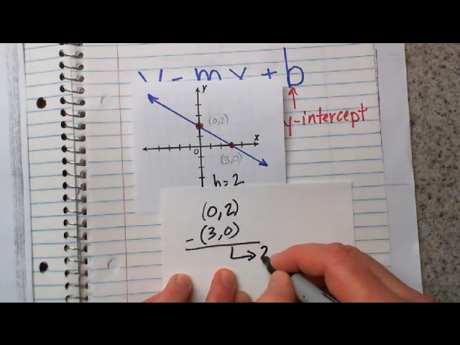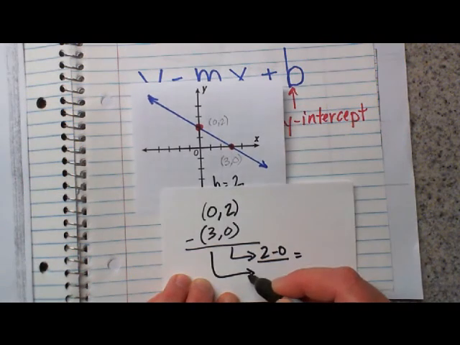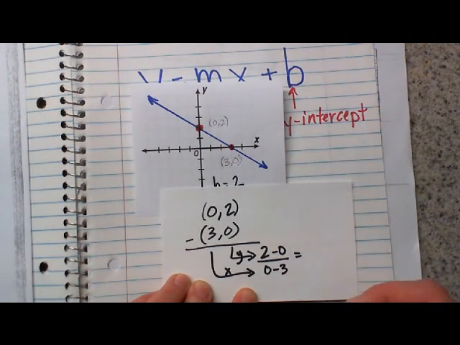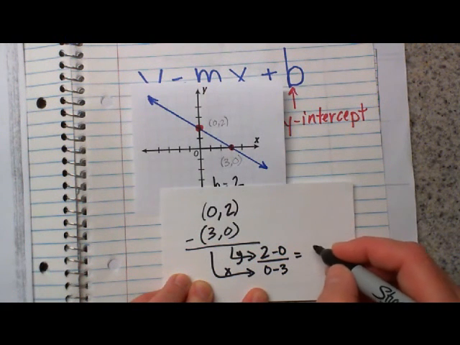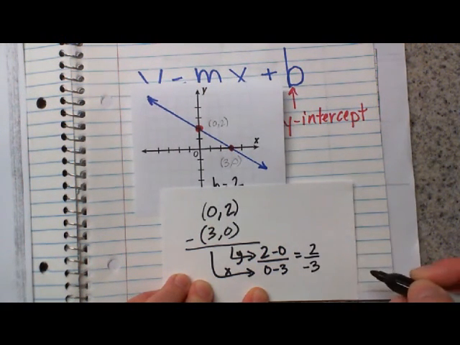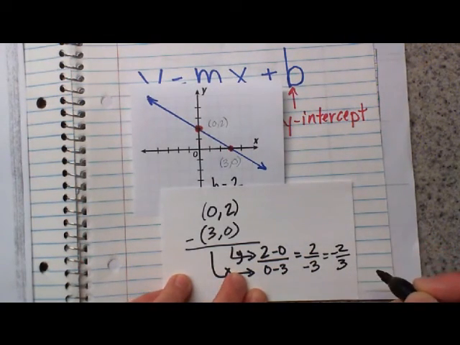The change in y is 2 minus 0, and the change in x is 0 minus 3. So our slope should be 2 over negative 3, or negative 2/3.